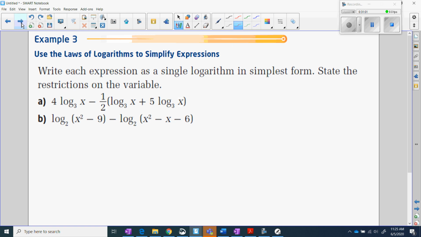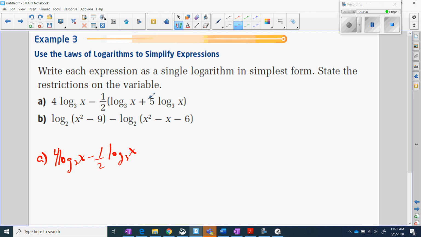Let's look at these ones that have variable expressions in them. So I've got 4 log x. What I often recommend students do here is, let's take a, for example. I would maybe go 4, log x base 3. Distribute that half into these. So I got minus a half log of x base 3.